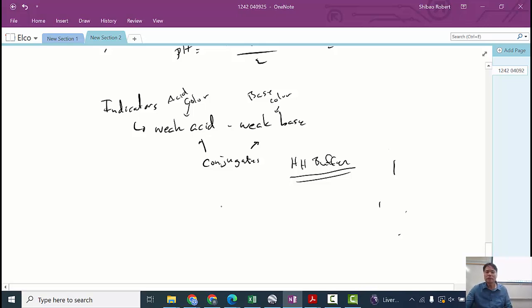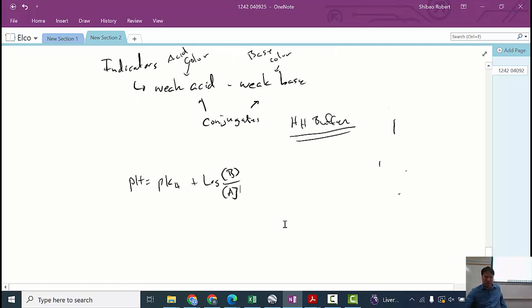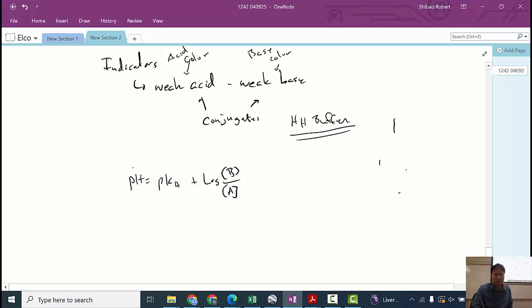If we look at the Henderson-Hasselbalch equation, which is this, that the pH is equal to the pKa plus the log of base concentration over acid concentration, there are three important points here in terms of pH.